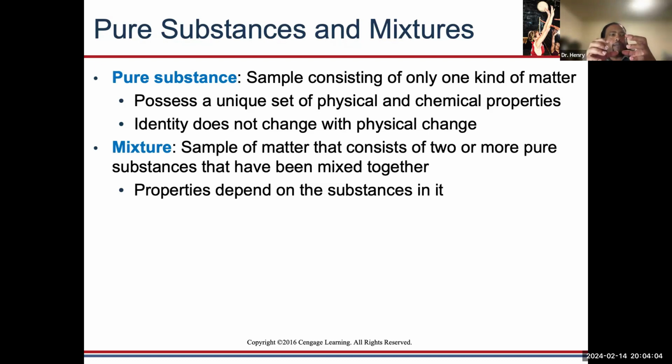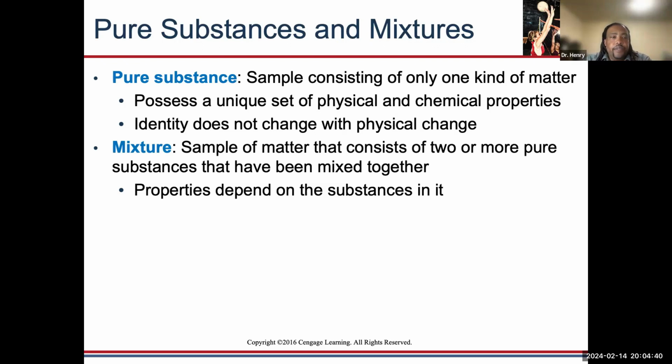When we make reference to something being a pure substance, that doesn't mean it's only a single element. It could be a compound that is pure, like pure cane sugar. It's all sugar, just one kind of matter. If I have pure salt, pure NaCl, that means there's nothing else in it except NaCl. We refer to that as a pure substance.